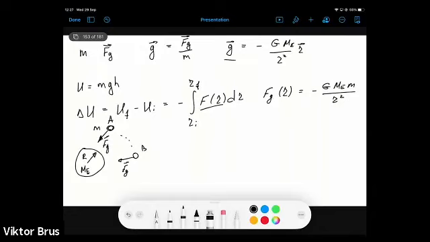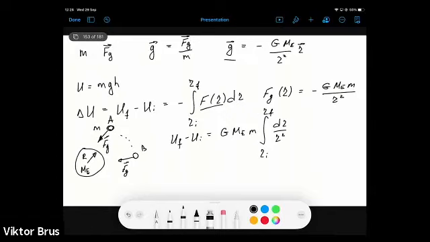So we can then write the difference of final and initial potential energies as G times mass of the planet times mass of the object. These are constants, so we take them out of the integral. Then we have the integral in the range from initial to final position vectors, and here we will have dr over r squared.